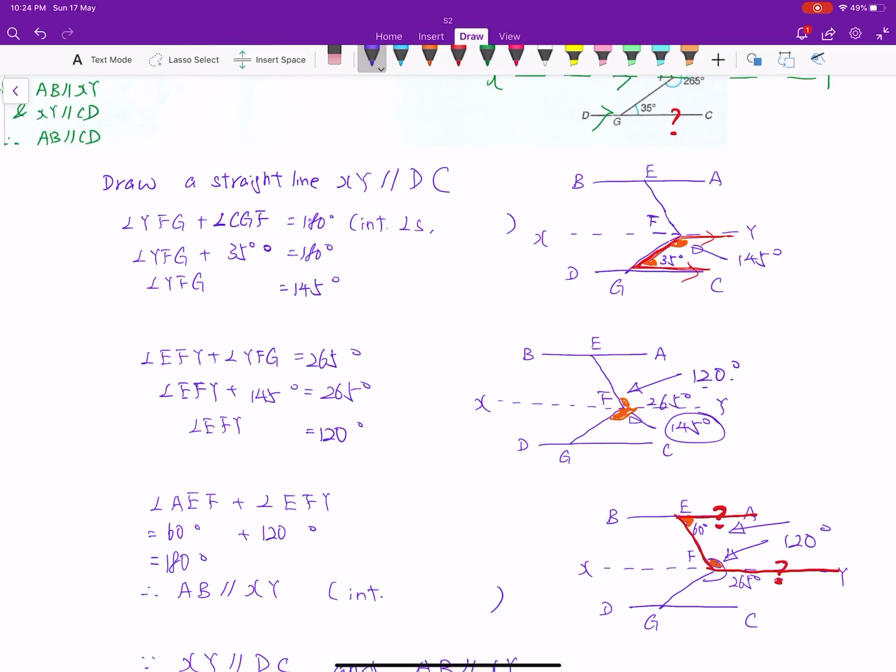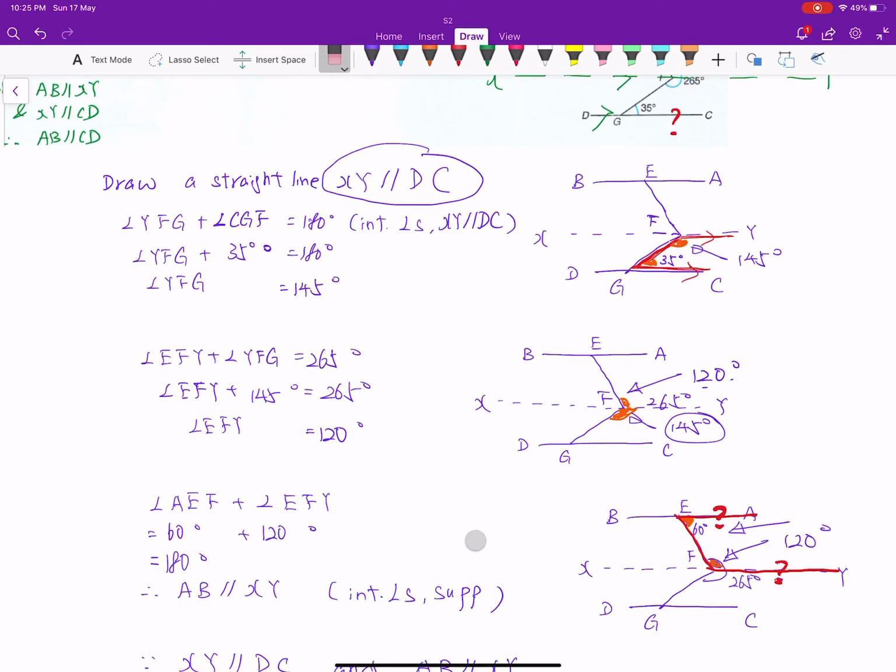And this one, okay, pay attention to the reasons. Because at the first part, XY and DC are parallel, so we need to write down the parallel lines in the reason, okay? But here, after we check, they sum up to 180 degrees, so here we will write SUPP, supplementary, okay?